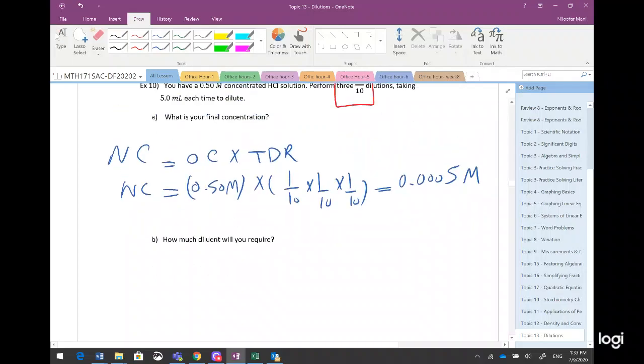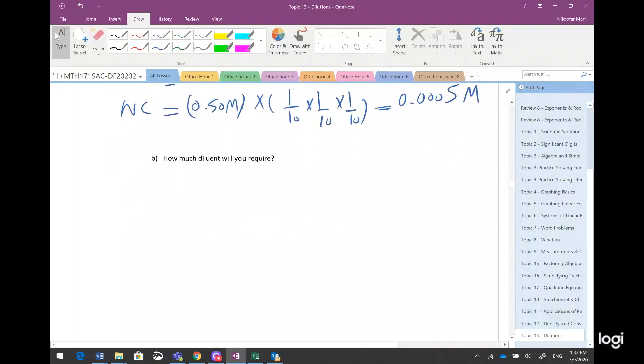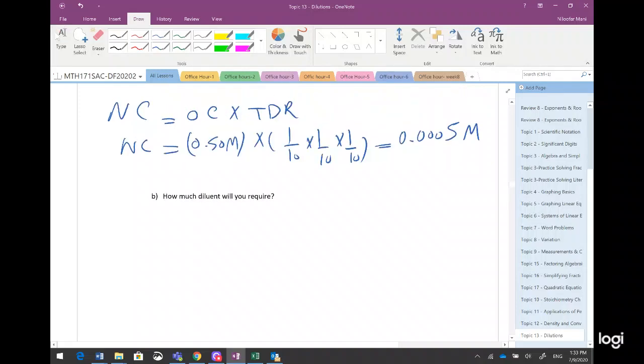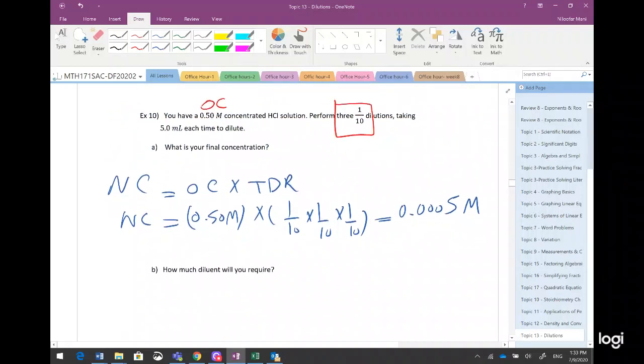How much diluent will you require? Diluent means the amount of solvent that we added. Let's see what we have here. It says taking 5 milliliters each time.